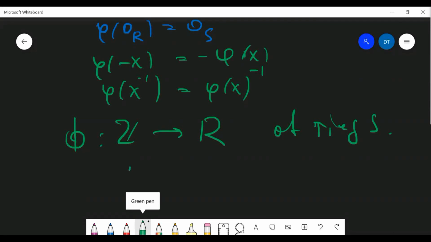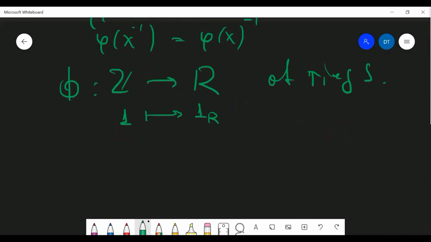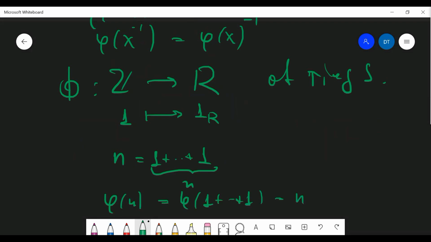If you take the element 1 from Z, by the definition of a homomorphism, it must go to the element 1 inside the ring R. But now, if you take element n, it's represented as the sum of 1 n times, then phi of n must go to phi of 1 plus 1 plus 1, n times, which is phi of 1 plus etc. plus phi of 1, and phi of 1 must be 1, so this is n times 1_R.